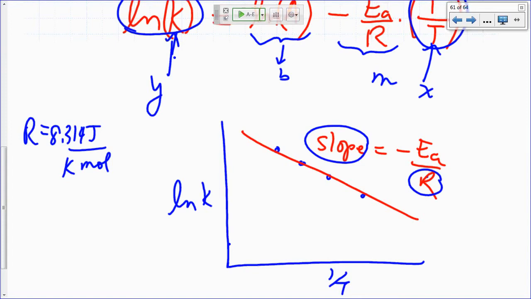And what would be the y-intercept for this one? It's going to be the natural log of that constant A, the pre-exponential factor. That depends on what the reaction is.